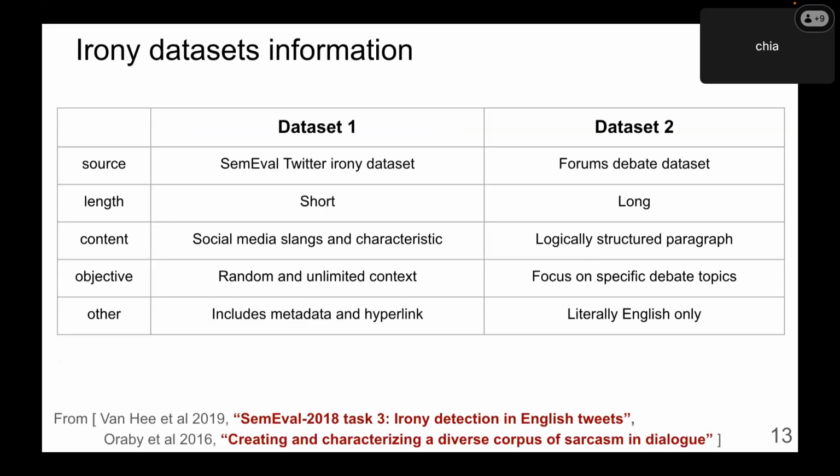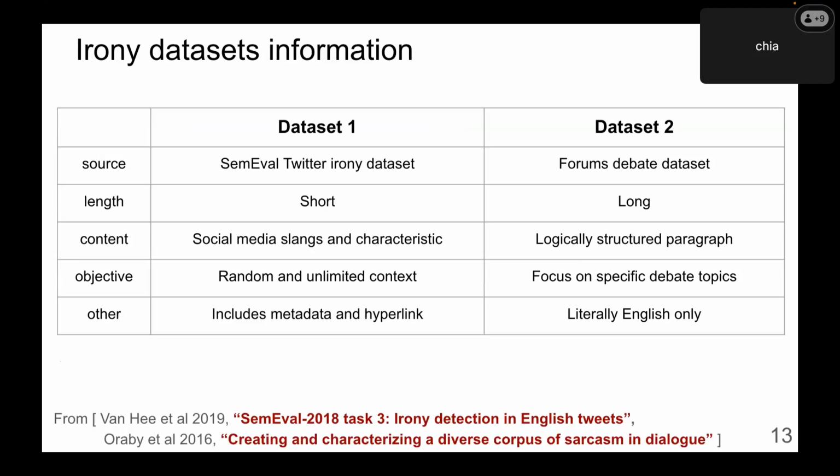For the data set here, I took two data sets from the internet which are applicable. One of them is the data set from SemEval, which is a Twitter data set, but they are all short and full of social media slang and characteristics.